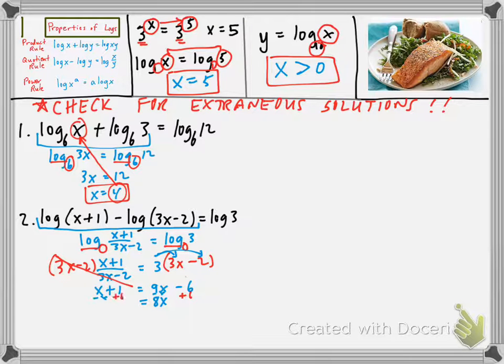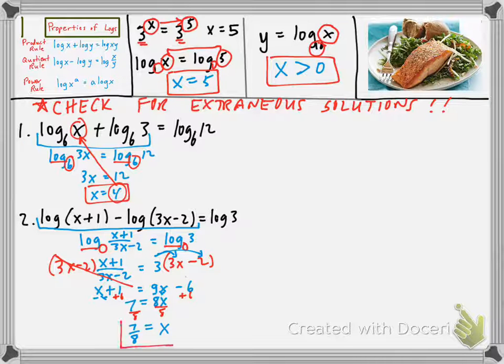So we get, on the left-hand side, 1 plus 6 is 7. I'm kind of shaving a couple steps here because I'm running out of room. But if 7 is equal to 8x, then we divide both sides by 8. And after dividing both sides by 8, we get that x is equal to 7 over 8.